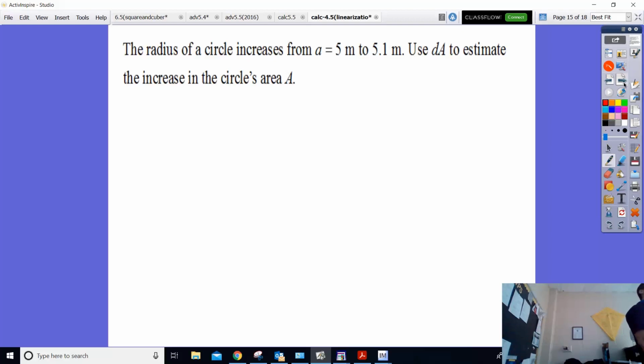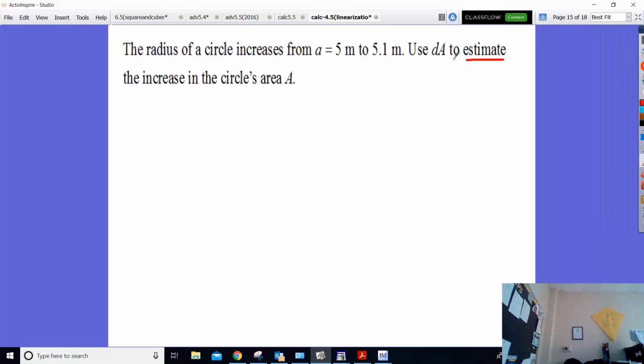All right, so the radius of a circle increases from 5 meters to 5.1 meters. Use dA to estimate the increase in the circle's area A. And notice it's an estimate. These are estimates.